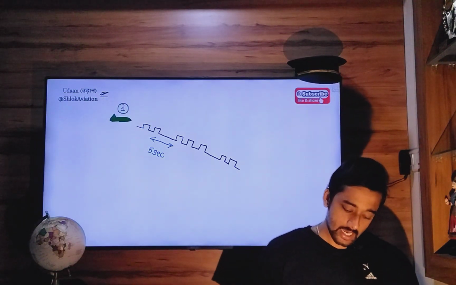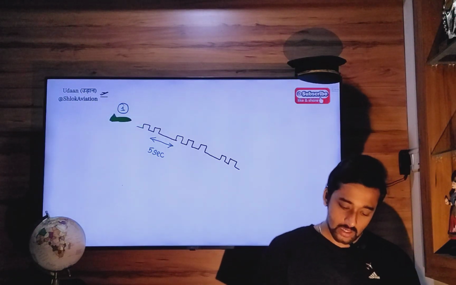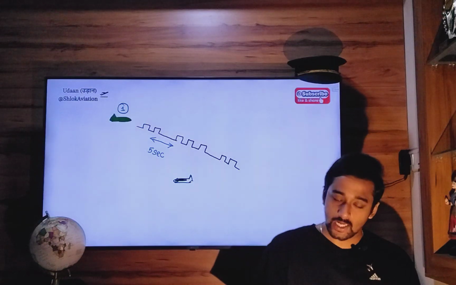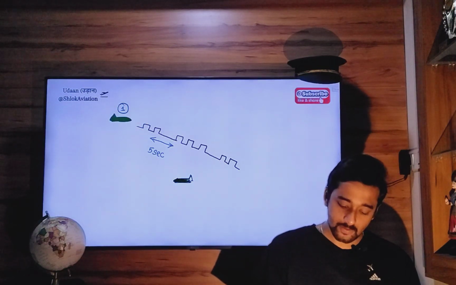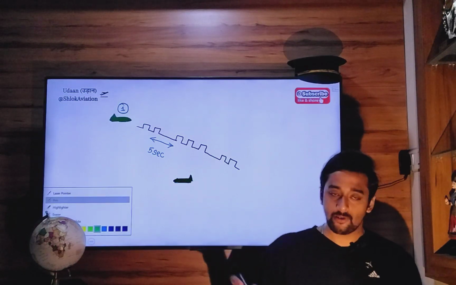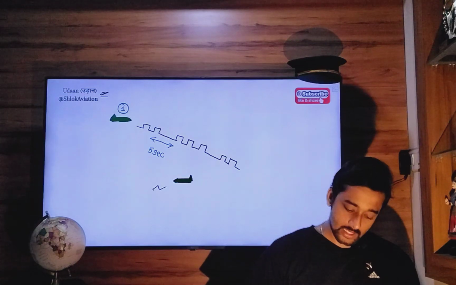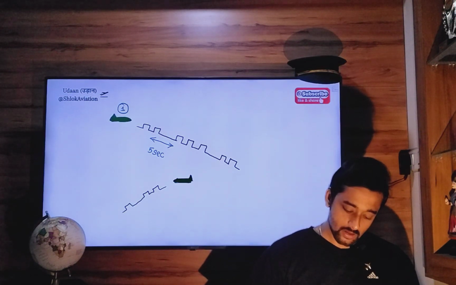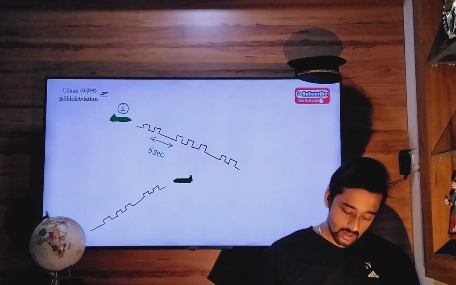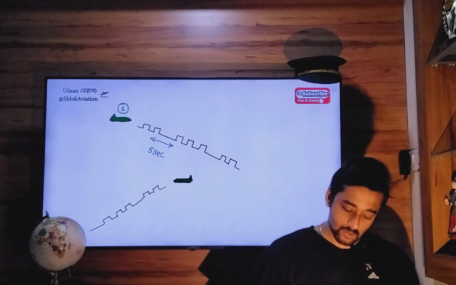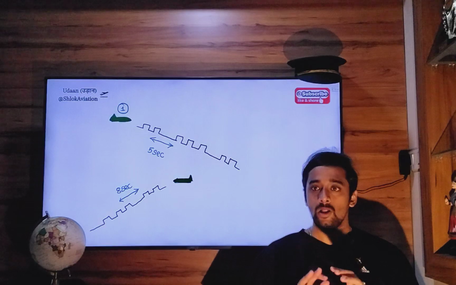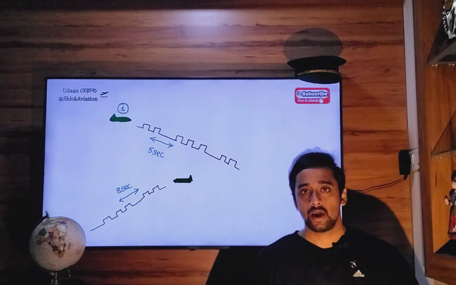Now there is another aircraft number 2 in the atmosphere. It will also transmit pulse pairs, twin pulses, and the time interval between its pulse pairs will be different from that of the first aircraft, let's say 8 seconds. So this is how all pulse pairs are unique to an aircraft.